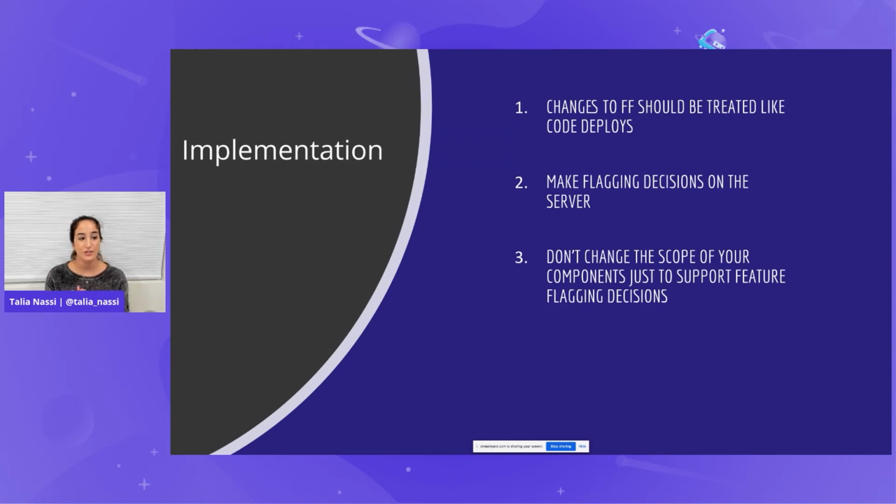And then lastly, you don't want to change the scope of your components just to support your flagging decisions. Your flagging decisions should be encapsulated as much as possible while making your flagging decision as close to the logic as you can, because you don't need every part of your code base to be aware of every component.